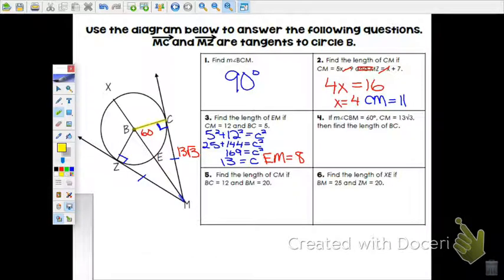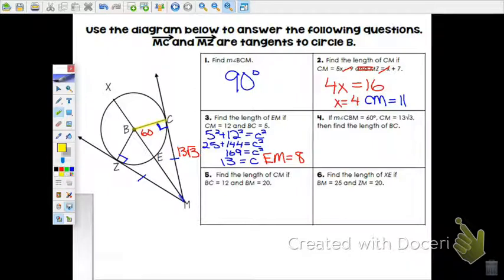So how am I going to find the length of BC? Again, if I isolate that information, what do I have? 60, 30, I have a 30, 60, 90 triangle.